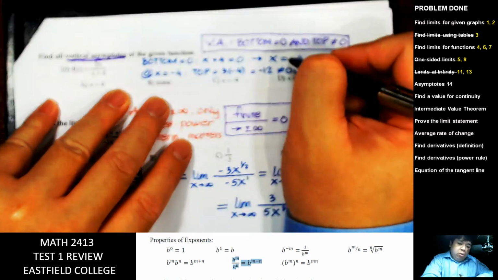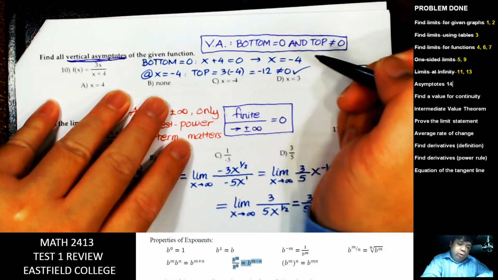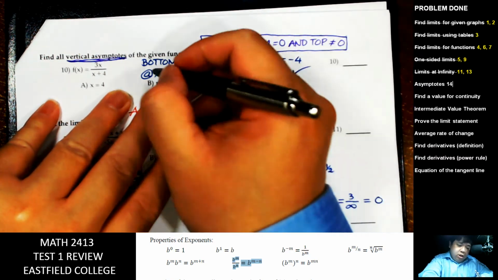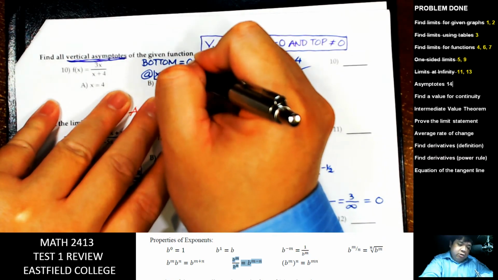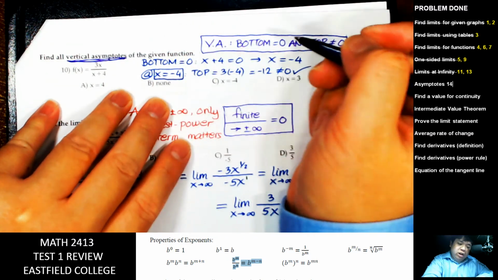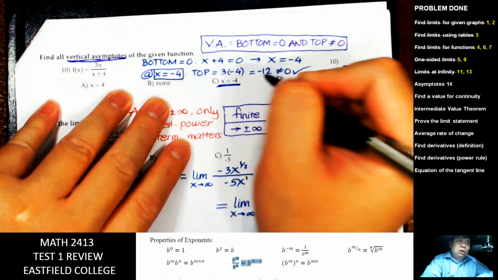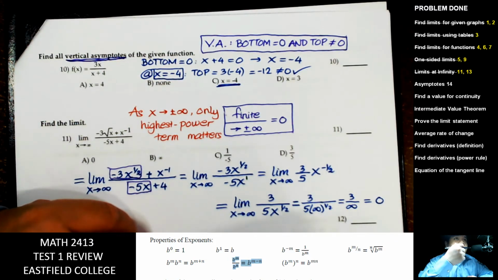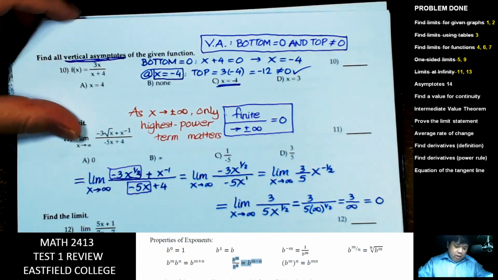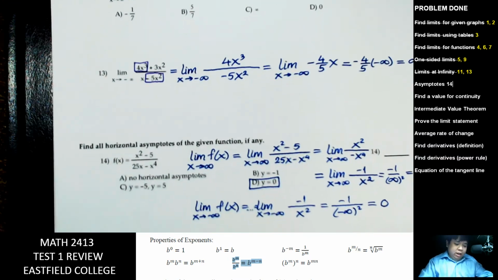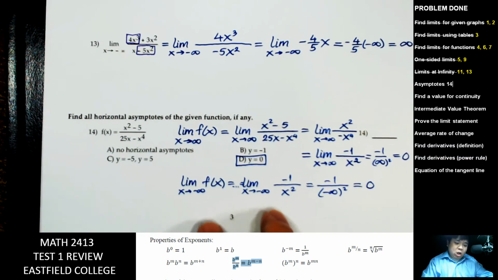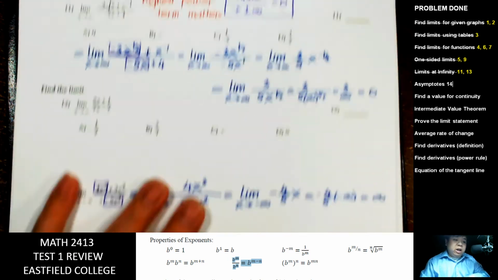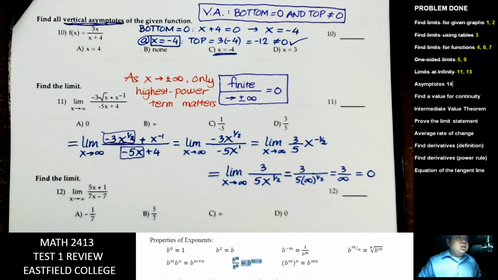So the bottom equal to 0 at x equal to negative 4, and the top is not equal to 0. So yes, that is a vertical asymptote, x equal to negative 4, which is this one. Bottom is 0, top is not, that is the vertical asymptote. Horizontal asymptote is just the limit of the function when x goes to infinity or negative infinity. So that was 10.